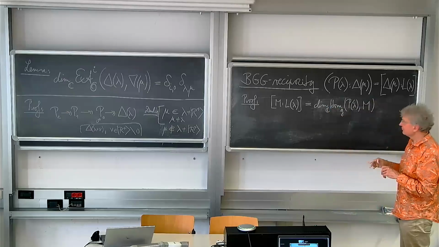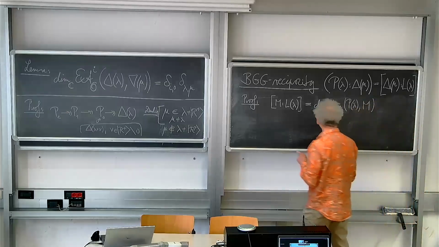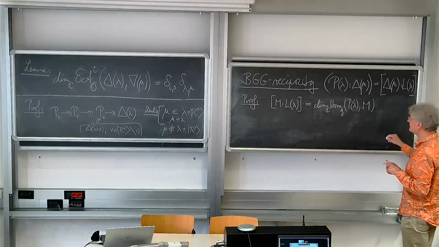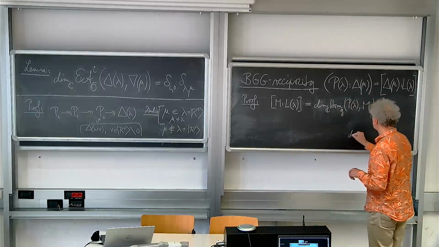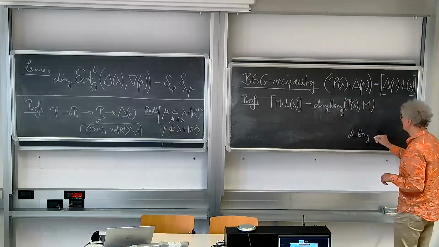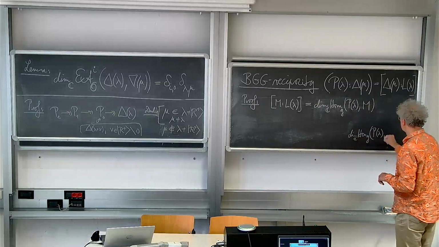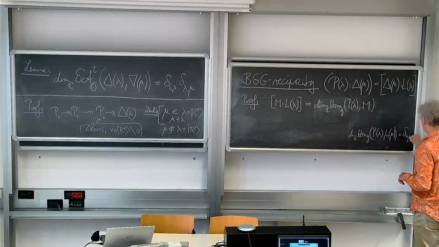Right? Because I should write somewhere that the dimension of homomorphisms from P lambda to L mu is delta lambda mu.